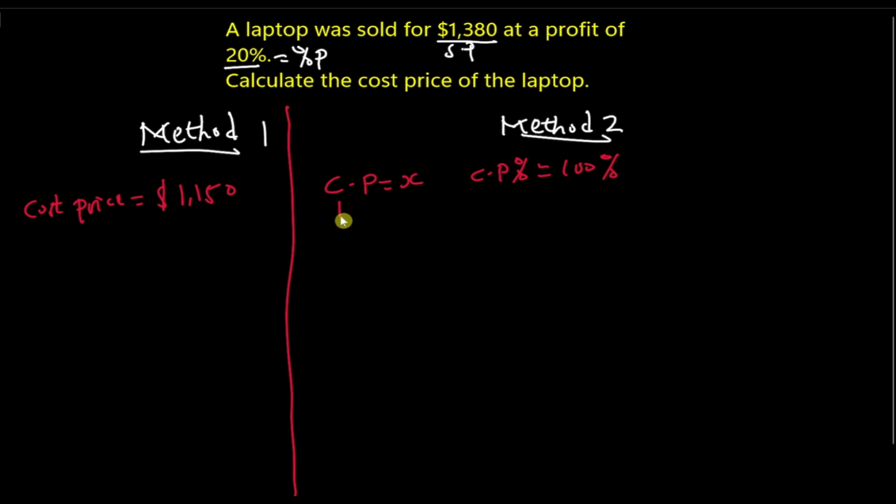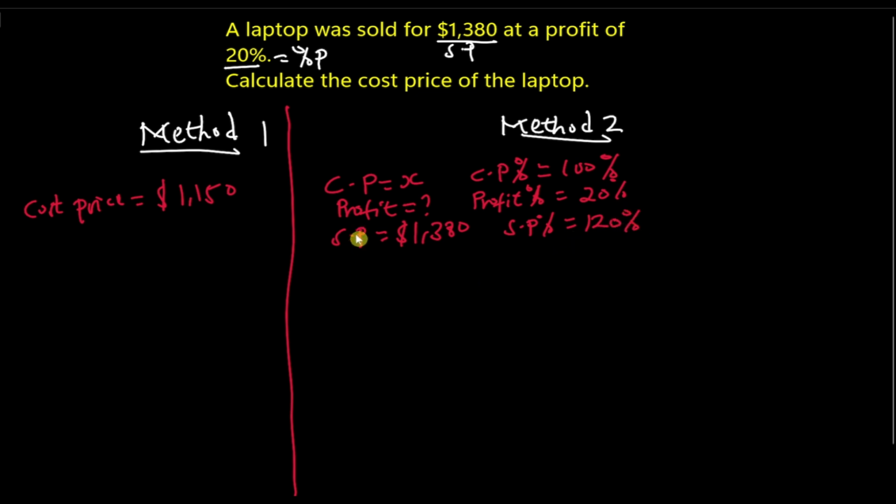The profit in terms of money you don't know, but we know the profit percent to be 20%, and the selling price was given as $1,380. The selling price percent can be found by adding the 20% plus the 100%, which gives you 120%.